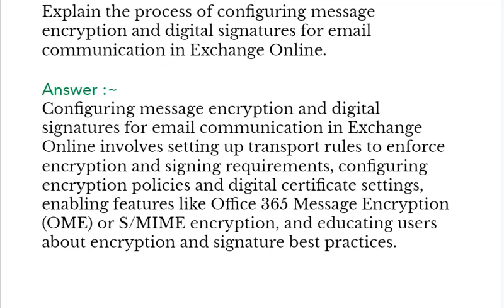Your answer should be: configuring message encryption and digital signatures for email communication in Exchange Online involves setting up transport rules to enforce encryption and signing requirements, configuring encryption policies and digital certificate settings, enabling features like Office 365 Message Encryption (OME) or S/MIME encryption, and educating users about encryption and signature best practices.